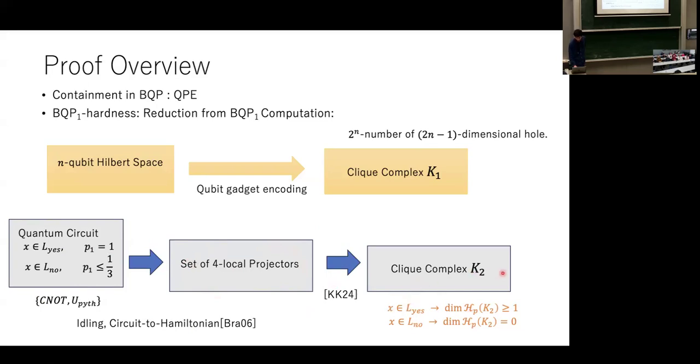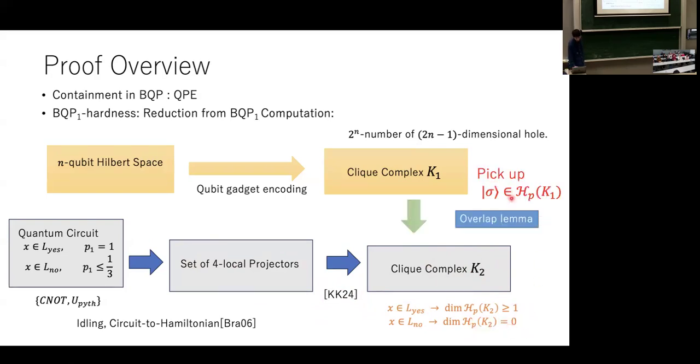Then we can construct K2 according to the construction introduced in this paper. The complex is constructed such that if x is a yes instance, the dimension of the harmonic homology group is larger than 1, and if no instance, it is 0.